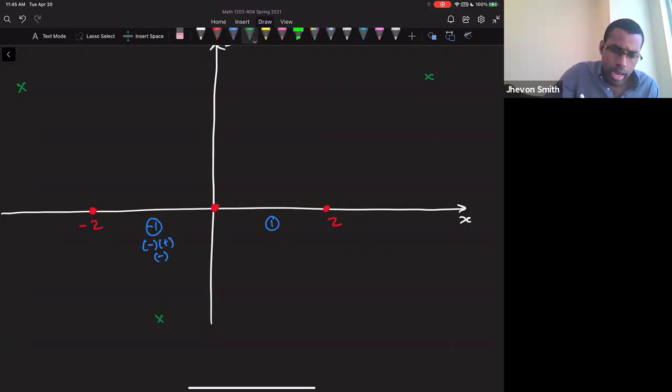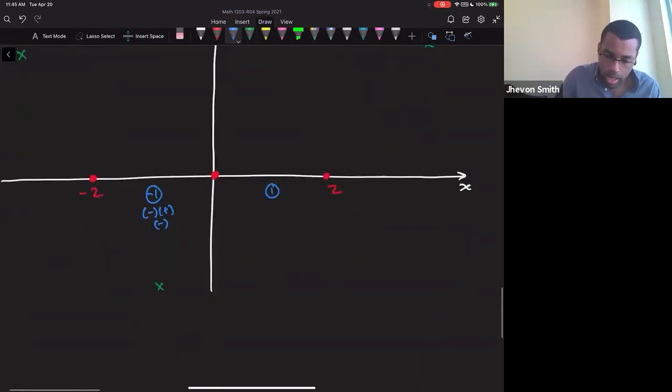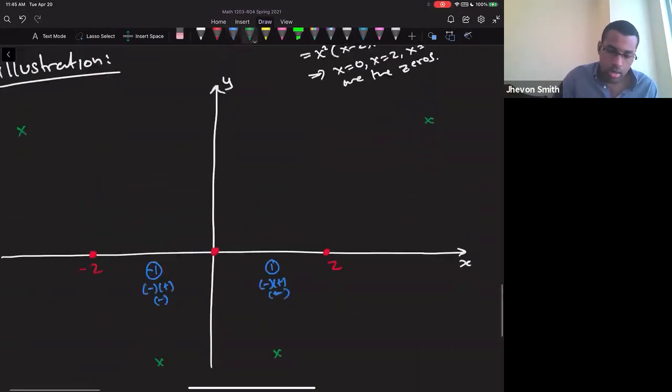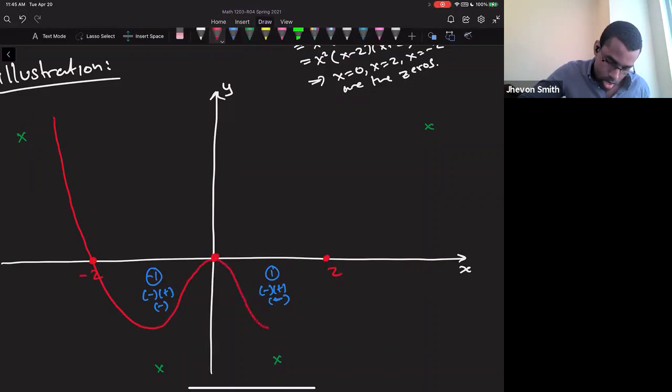If I plug in 1, I get minus 1 times 3, again a negative. So the graph is down here. Ultimately, our picture is going to look something like that.